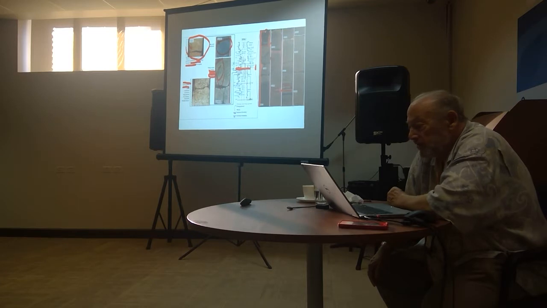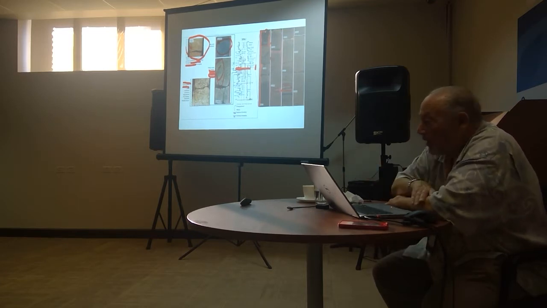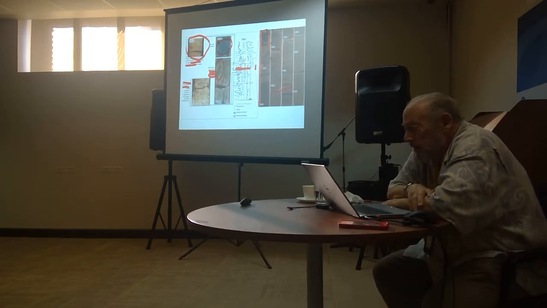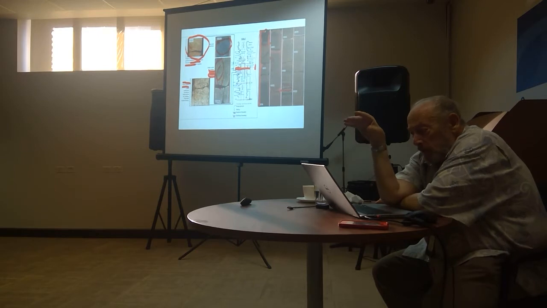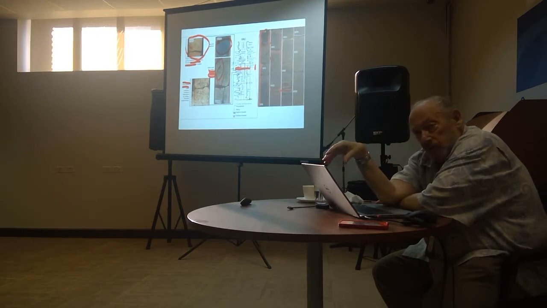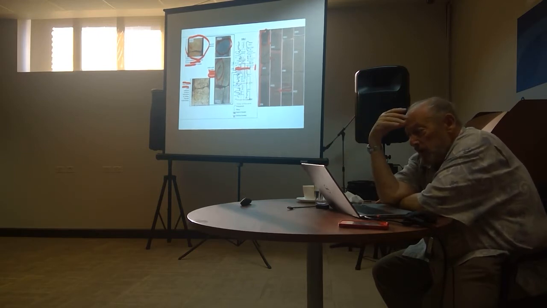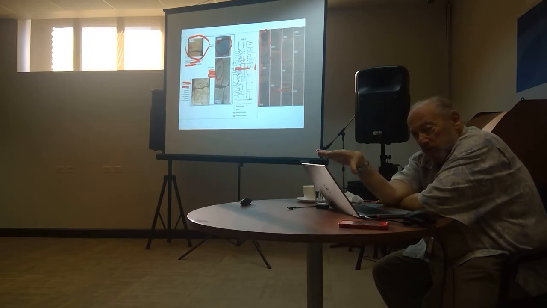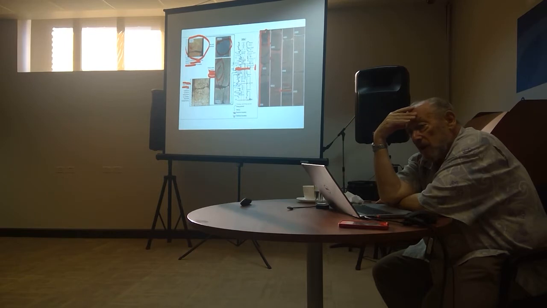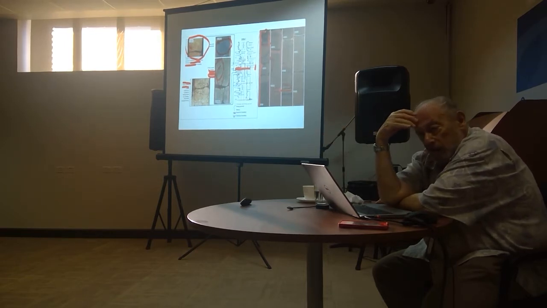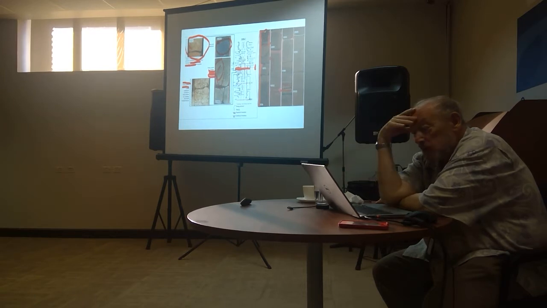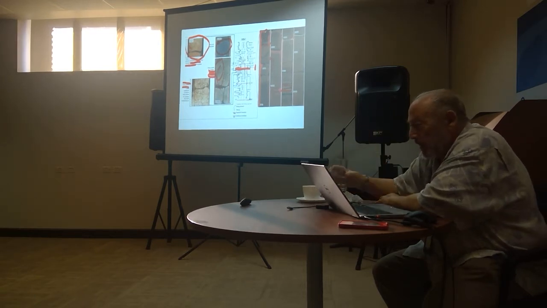Now, one of the other features that you can see is the red color, and that is due to oxidation, usually at the surface before you get burial, because these sediments are exposed to air. They will become oxidized, but also in the shallow subsurface, where you might have a lot of iron in subsurface fluids, and that iron will precipitate out to give you that reddish color as well.